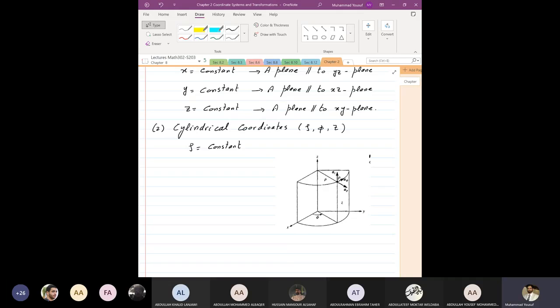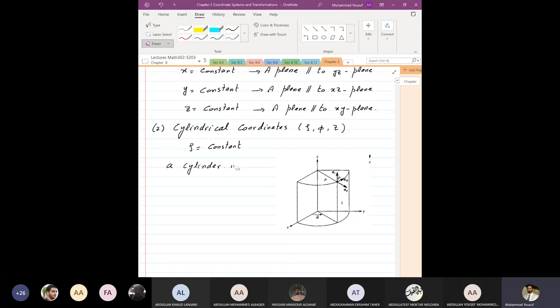So what is rho equal to constant? A surface in which rho is constant. Just think and tell me. It is a cylinder. In a cylinder, you have a fixed pipe with fixed radius.